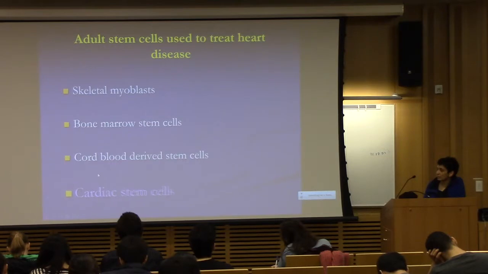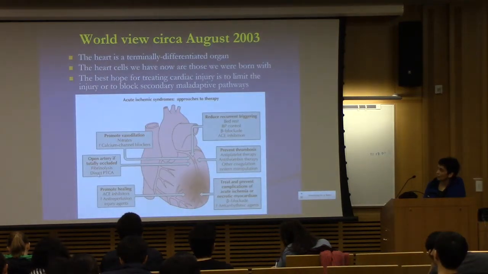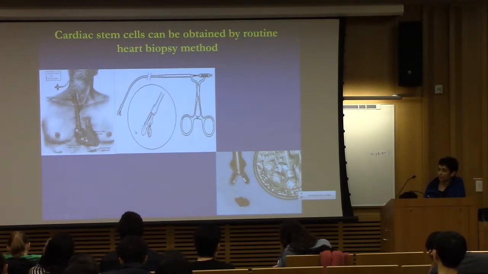The last kind of stem cells are these cardiac stem cells that are also popular for clinical trials. And as I said before, until recently, it was thought that the heart was a totally differentiated organ and had no stem cells, but then several groups came out and showed that the heart did have stem cells, and that you could isolate them from biopsies from the heart.